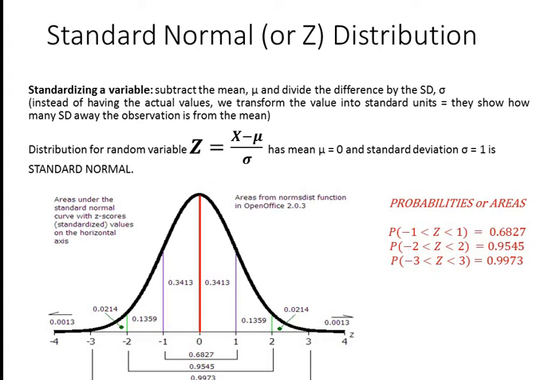So we see that it's minus 1, 1, minus 2, 2, but those are basically our standard deviations. We just don't put sigma there, otherwise it's very similar to what we used to have when we had just a simple normal distribution.